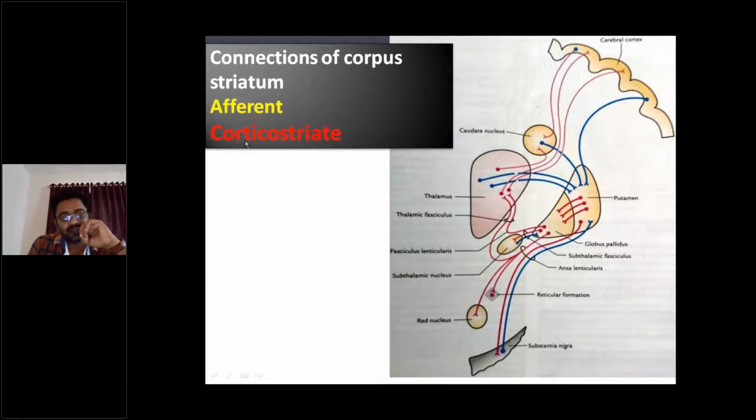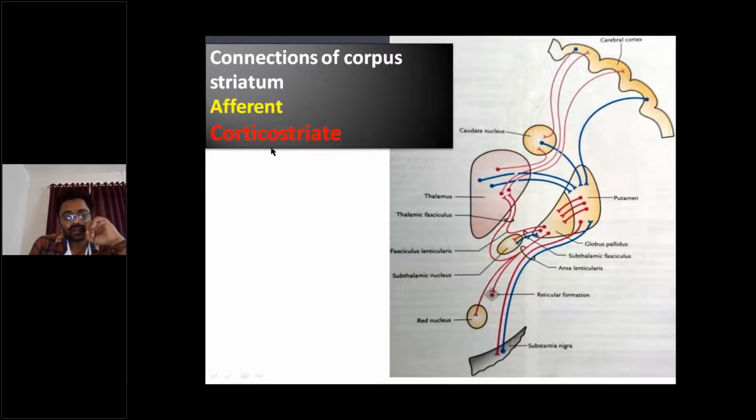The name suggests corticostriate. These fibers arise from the cerebral cortex and project into the caudate nucleus, and some of the fibers also project into the putamen of the lentiform nucleus.